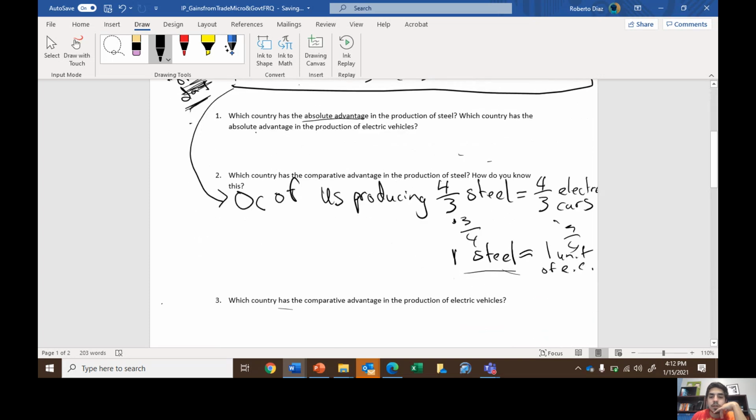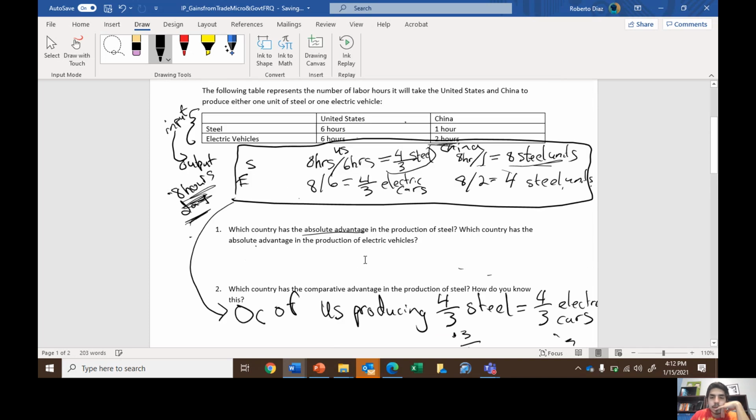Now we have to find the opportunity cost of China producing. We take the output table.